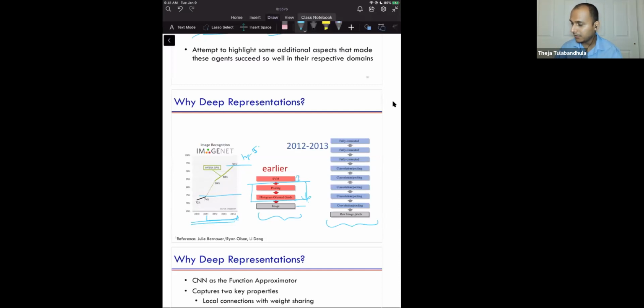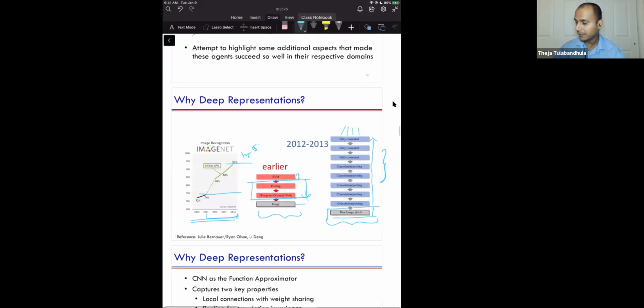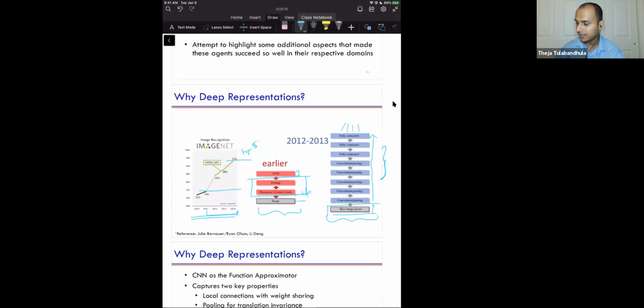Instead of that, you would have the raw image as input, and you'd have a lot of conv layers and fully connected layers, and eventually a classifier. The ResNet 18 or ResNet 50 or whatever you worked with in assignments is an example like this. The architecture is not exactly this, right? ResNet has residual connections and so on. But yeah, that's what's happened since 2013 onwards.